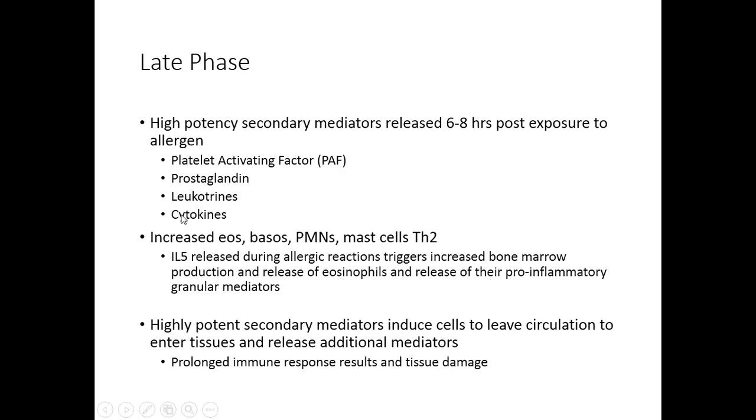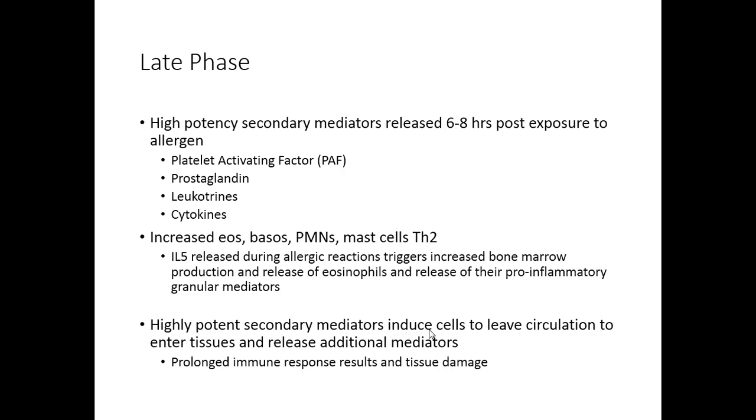So one of the actions of these secondary mediators is to increase some of these other cell types and produce more of them. Some of these mediators induce cells to leave the circulation and enter the tissue, and those cells again are going to release more mediators. So it's really enhancing and continuing to prolong this immune response.